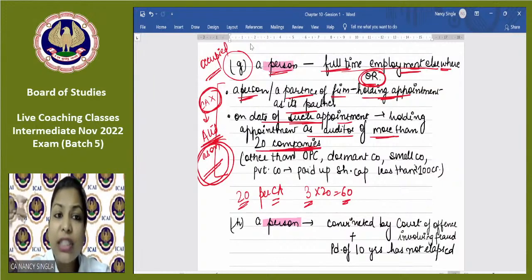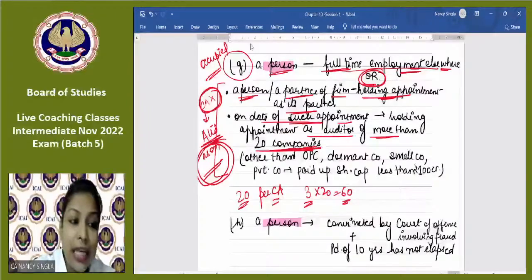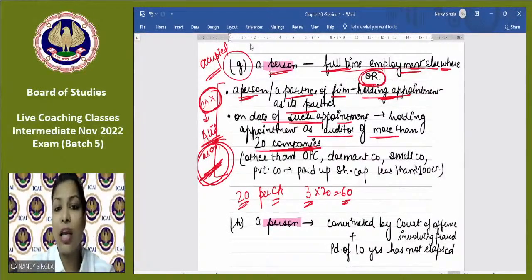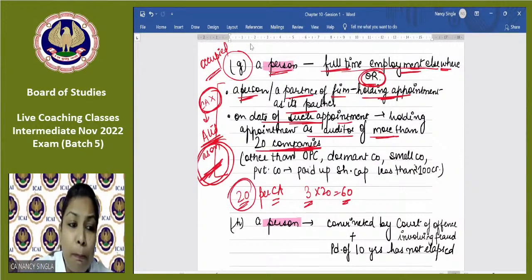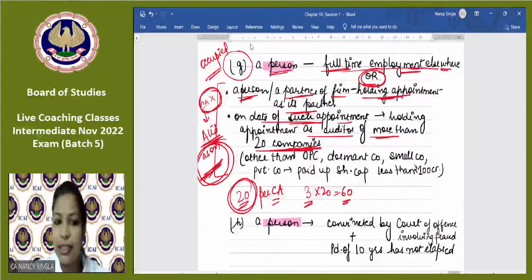So if a person is in full-time employment elsewhere, or is already holding appointment in more than 20 companies on the date of appointment, on the day A Limited is to be appointed, CA X will consider in how many companies he is appointed as statutory auditor, how many reports he has to sign. And I told you that this limit is per chartered accountant.